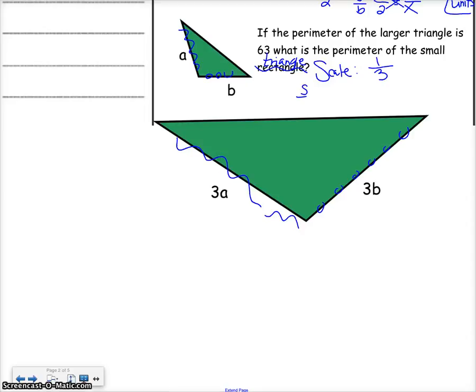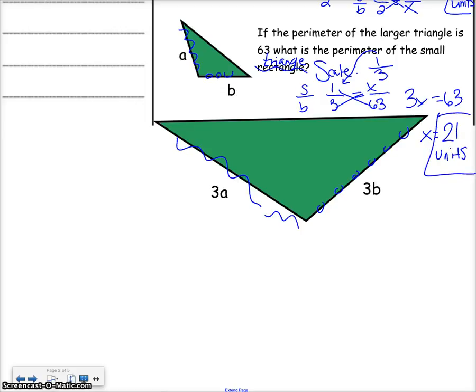So we go small is to big, create your proportion, scale factor goes right in that first spot, and then I'm given the larger perimeter. This should be B for big. So that's 63. And then I need to just solve that proportion. 3x equals 63. X is 21 units.